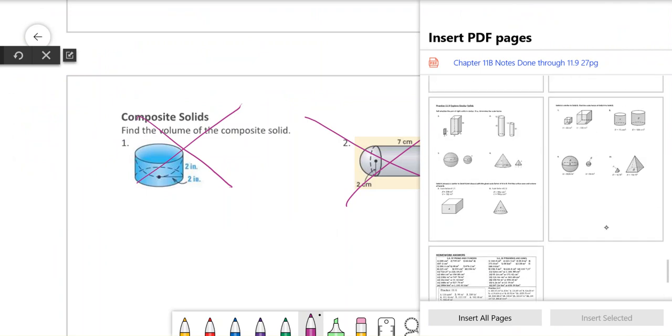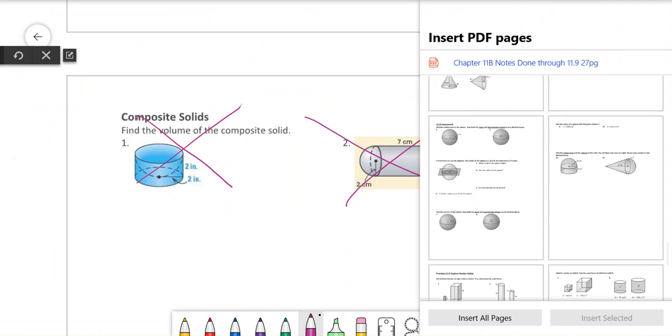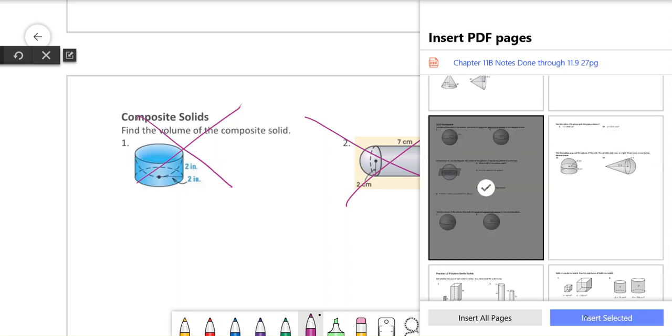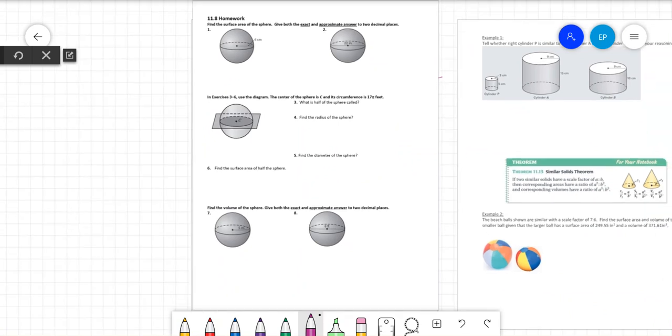So you just need to do this page. So you'll find the surface area of a sphere, give the exact and approximate answers, half the sphere called, what's the radius of the sphere, diameter of the sphere. Pretty much you just need to know how to find the surface area of a sphere. So yeah, just make sure that you do this page. Make sure you know how to find the volume and the surface area. And you will be good to go.